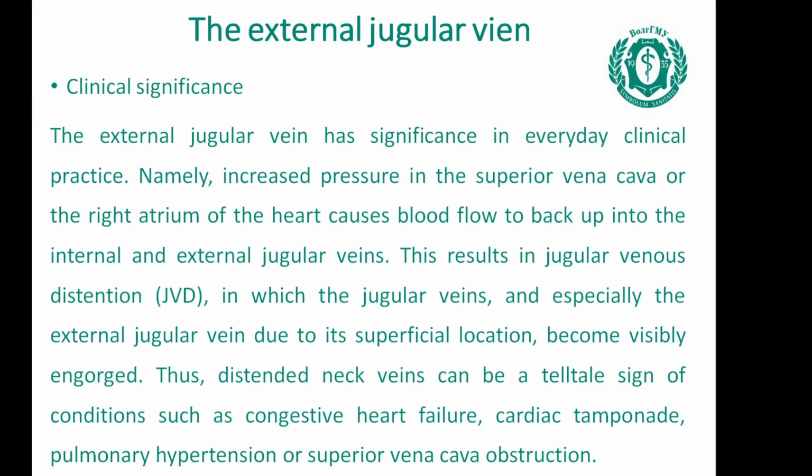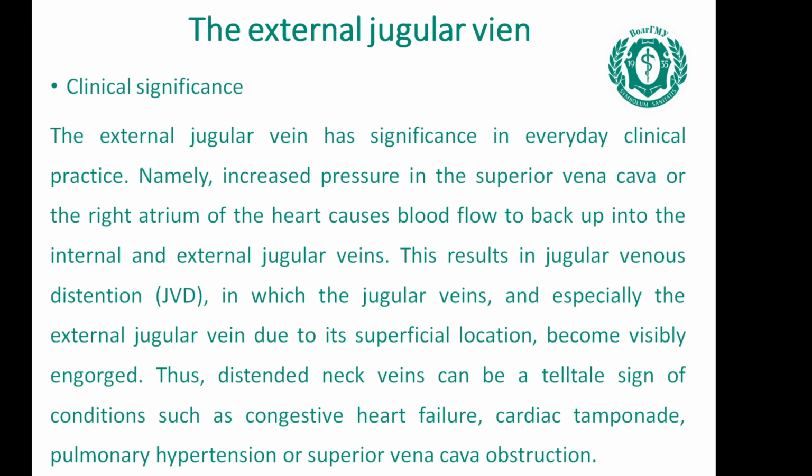Clinical significance. The external jugular vein has significance in everyday clinical practice, namely increased pressure in the superior vena cava or the right atrium of the heart causes blood flow to back up into the internal and external jugular veins. This results in jugular venous distension, in which the jugular veins, and especially the external jugular vein, due to its superficial location, become visibly engorged.